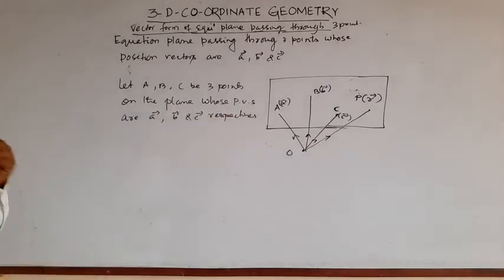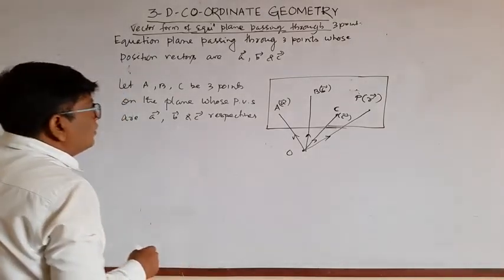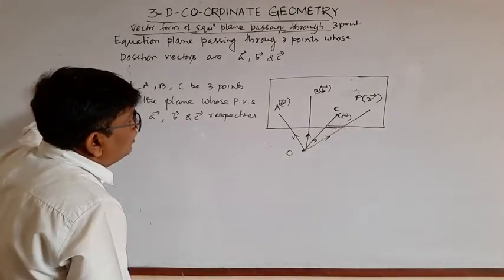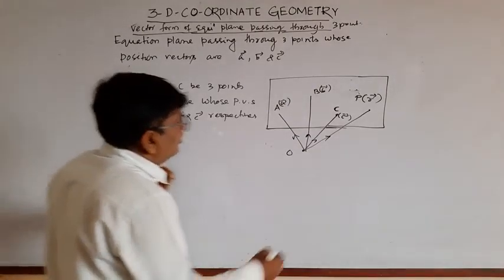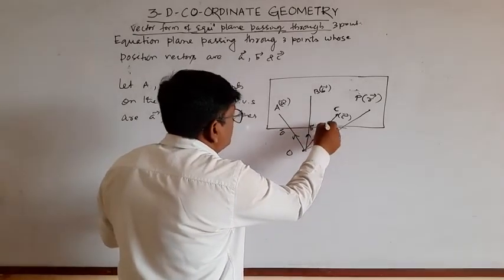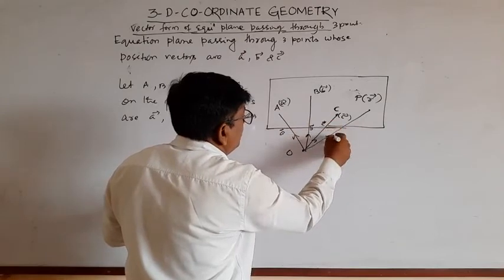Then here, B cross C: this is A vector, this is B vector, this is C vector, and this is R vector.